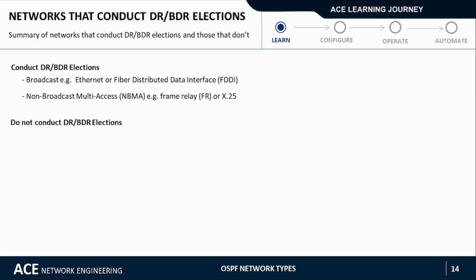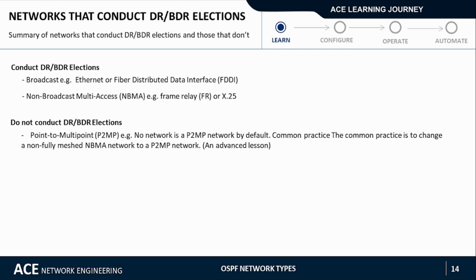And then some networks do not. Out of the 4 network types that OSPF defines, the other 2 do not conduct a DR/BDR election, and one of them is point-to-multipoint. And we are saying no network is purely point-to-multipoint by default. So the common practice is to change a non-full mesh NBMA non-broadcast multi-access network to a point-to-point network, so that you can stop the elections.